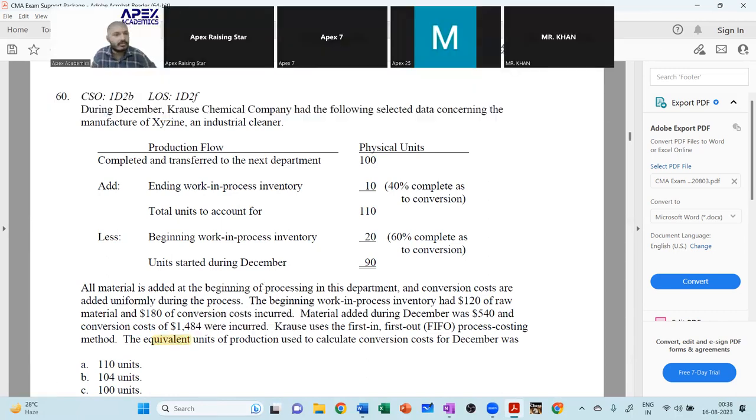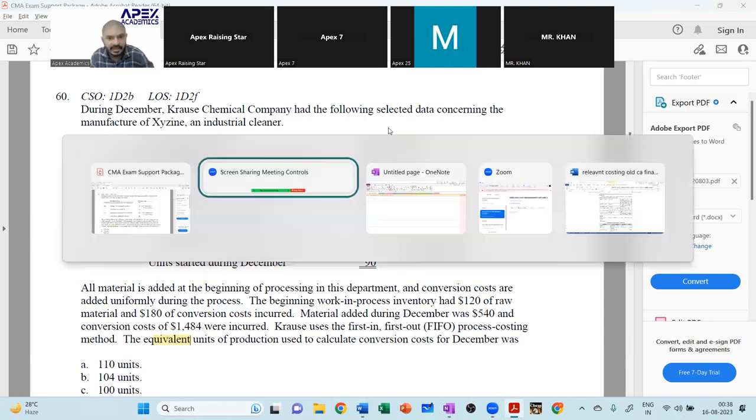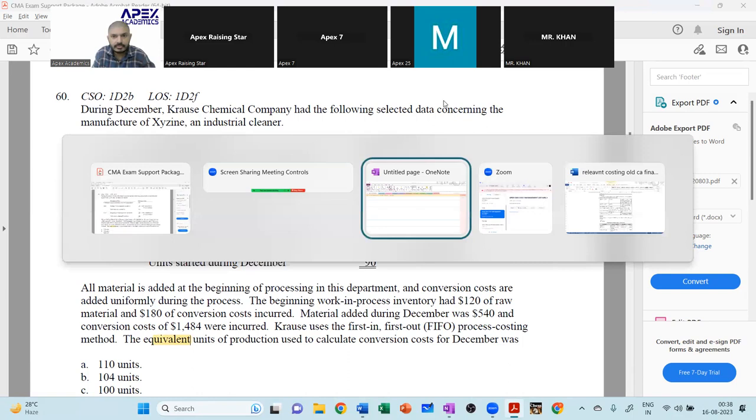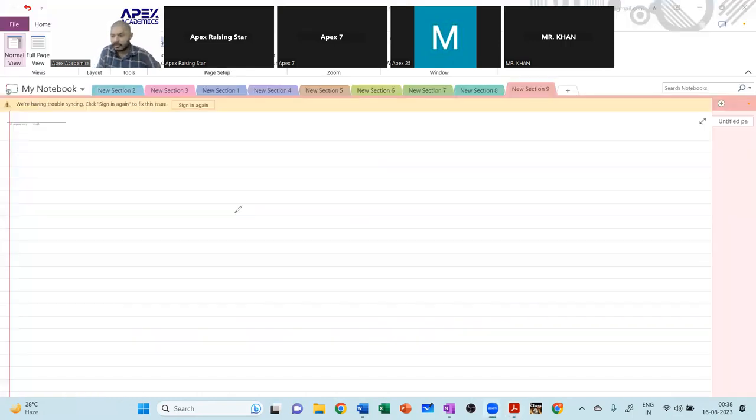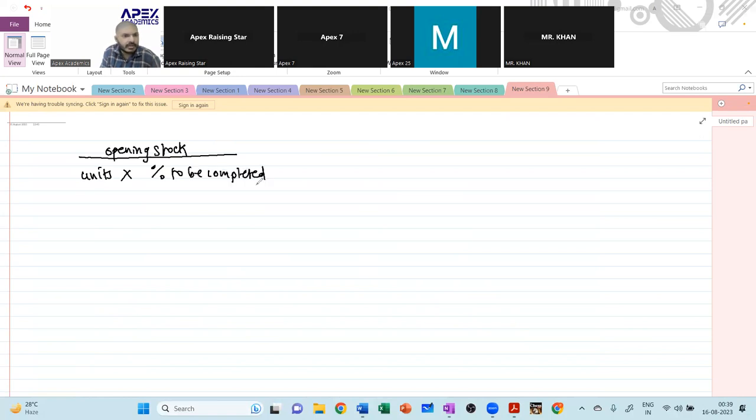I'm going to give you a simple funda over here, and I've already given it to you. First, let me write that funda down for you. First of all, opening stock. What do you do for opening stock? Units multiplied by percentage to be completed.